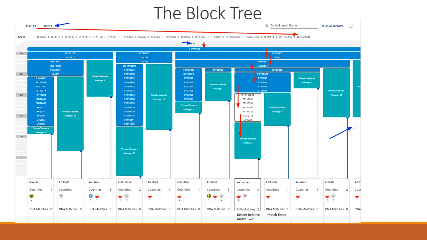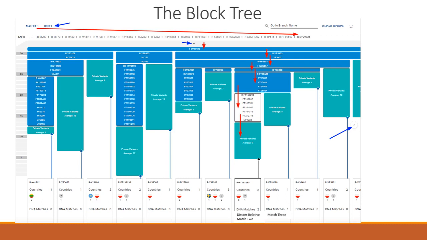The top block is BY29925 to RYP5903 to RYP5901 to RY93482 down to FT18688, and then down to my terminal SNP FT163295.